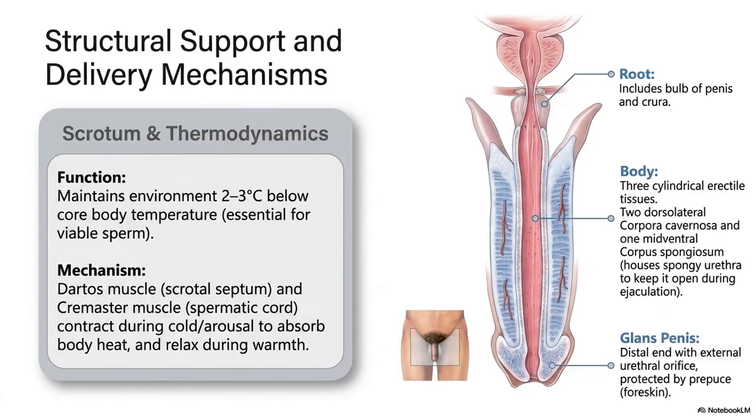Now the distal part is the glans penis, which is a slightly acorn-shaped enlarged portion of corpus spongiosum. It is surrounded by a loose skin known as prepuce or foreskin. The proximal margin of the glans penis is known as the corona, and the opening in the distal end is the external urethral orifice.